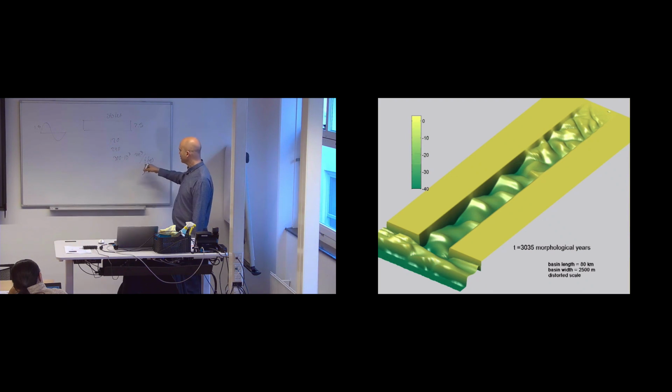So how much is that per second? Can you calculate that? 300,000 divided by 3,600. It's cubic meter per 6 hours.